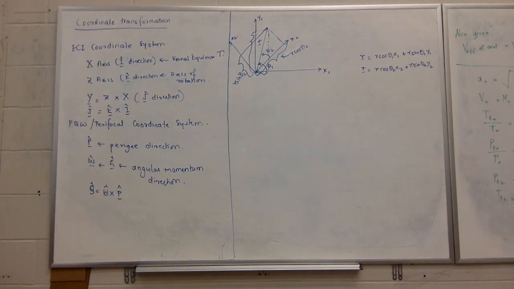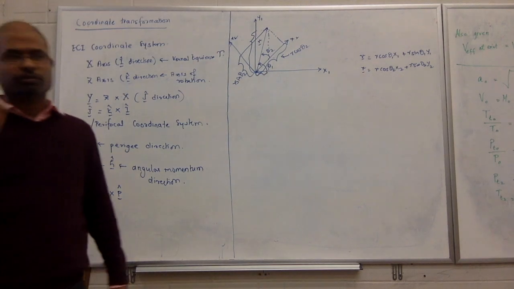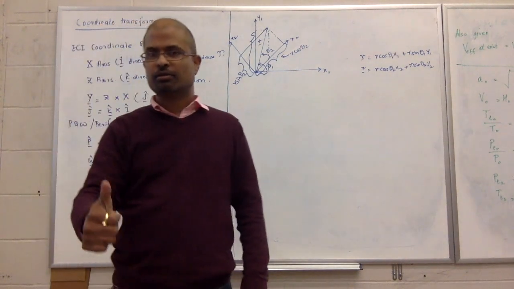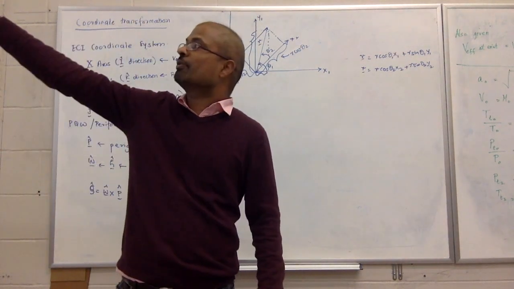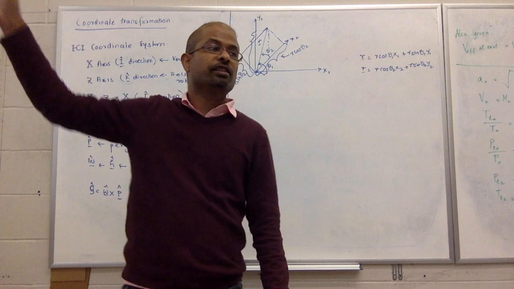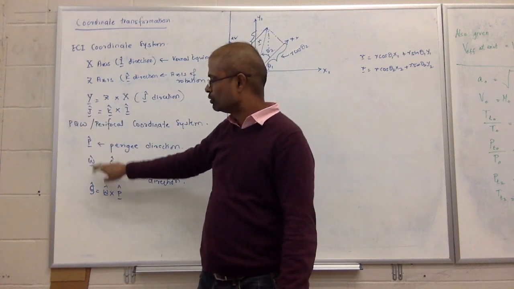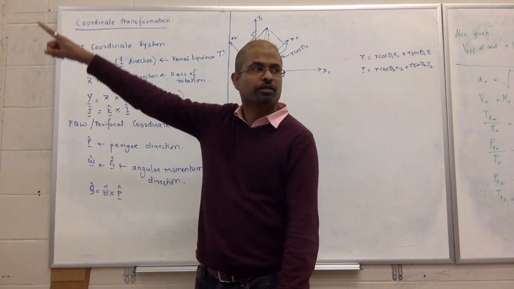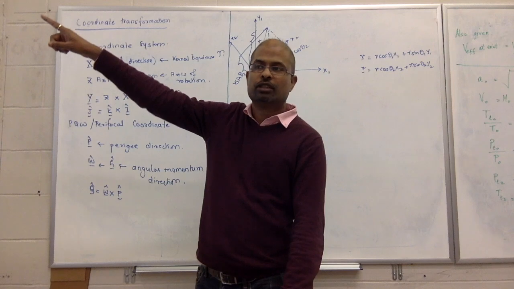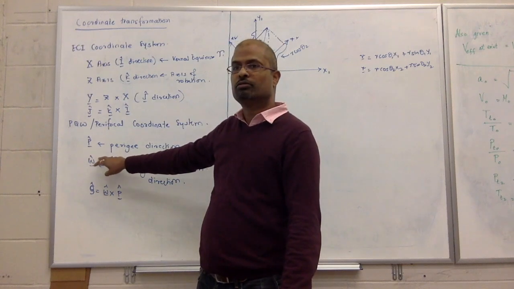If a vector is lying flat on this surface, will it have any component perpendicular to this surface? No. So that is what is happening with R. R is in the PQ plane. You see that? It does not have any W component. Got it?